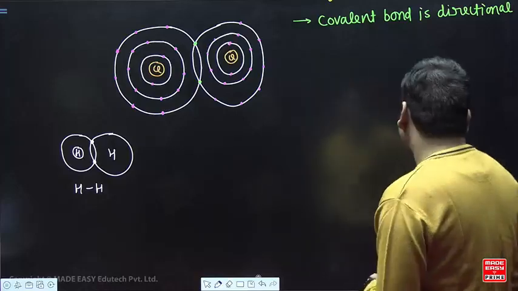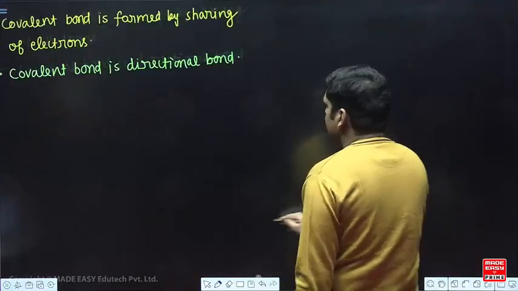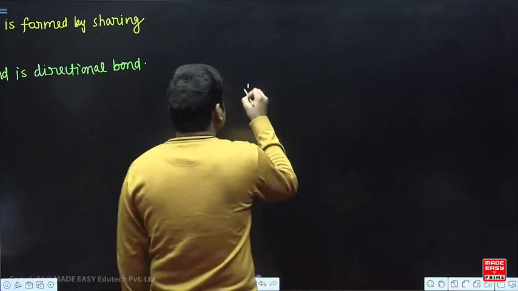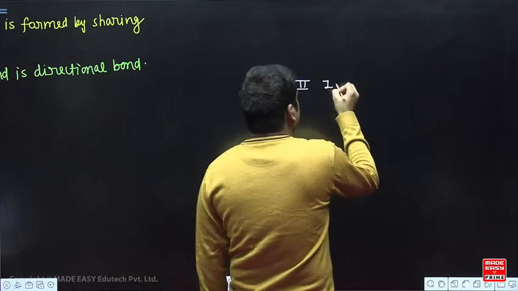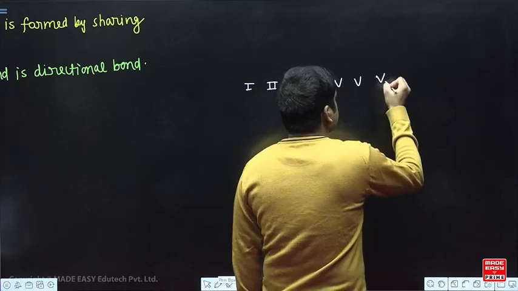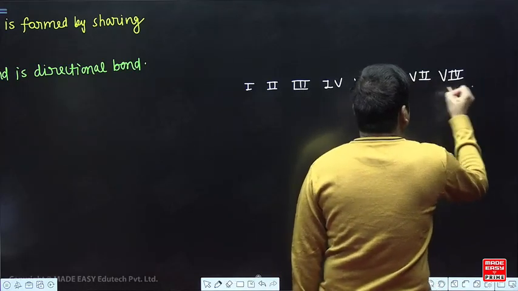Have a look at the periodic table. In the periodic table we have first, second, third, fourth, fifth, sixth, seventh and eighth groups.